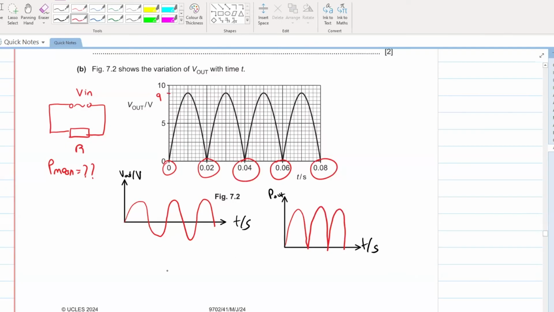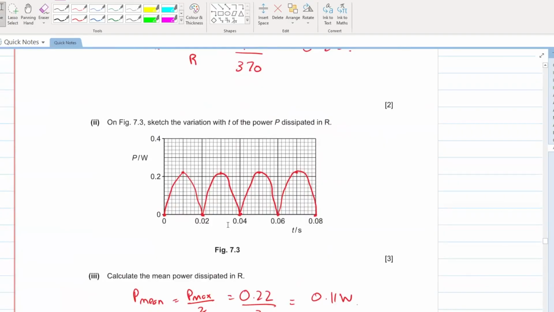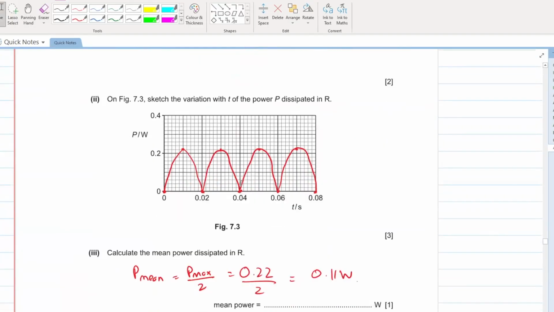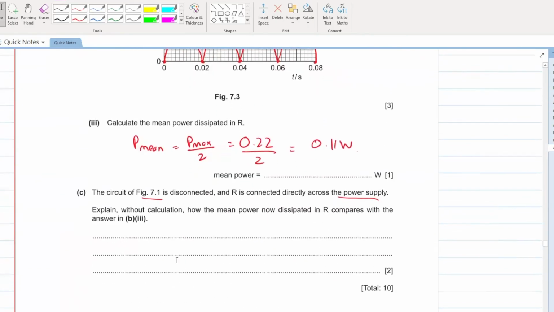Why? Because power is equal to voltage squared divided by R. So even if the voltage is negative, power will remain positive. So the graph of power versus time will remain the same. If the graph remains the same, your maximum power will remain the same. If your maximum power remains the same, your mean power will remain the same.